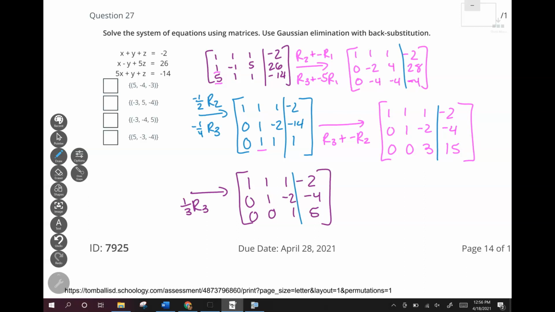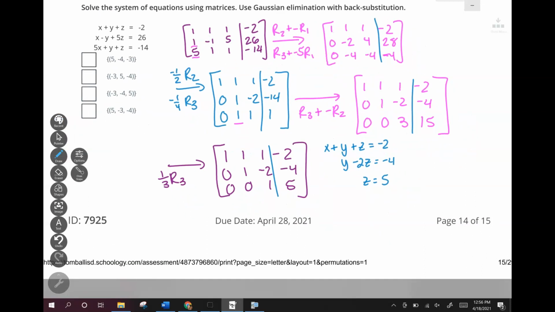But your goal there was to get 1s in that diagonal, so that now I have equations x plus y plus z equals -2, y minus 2z equals -4, and z equals 5. So you have that nice triangular system, and you can use back substitution to get your solution. So z equals 5.